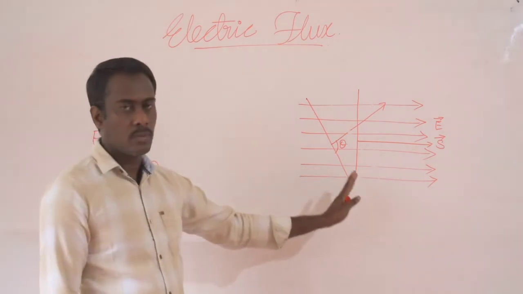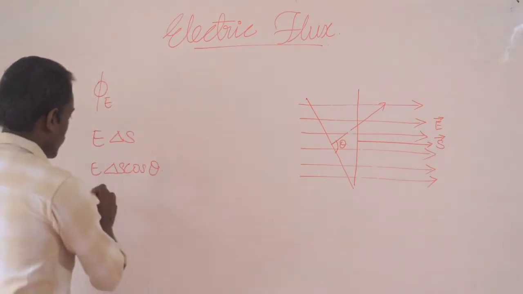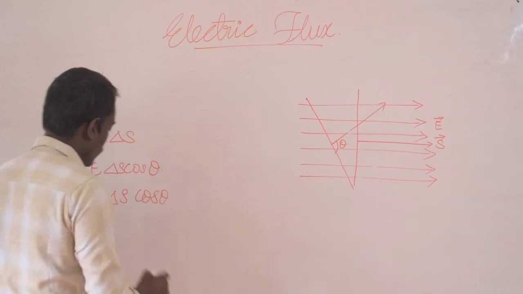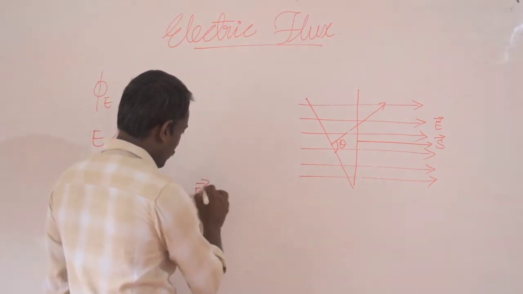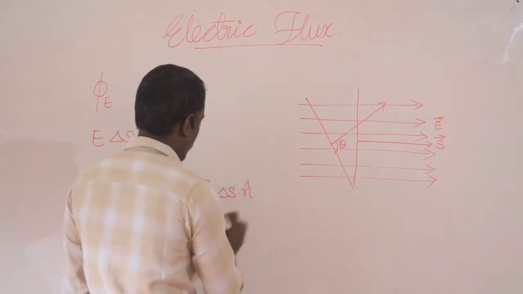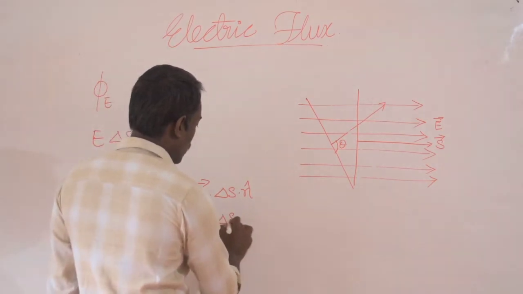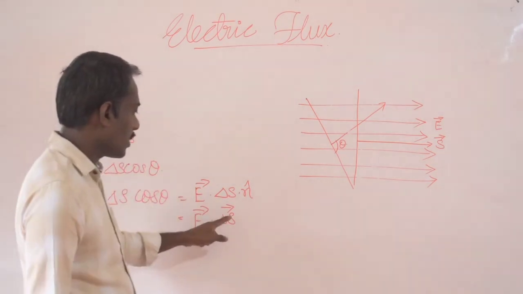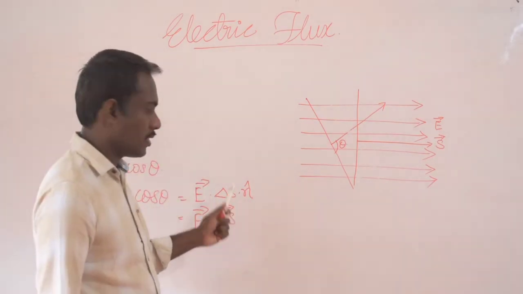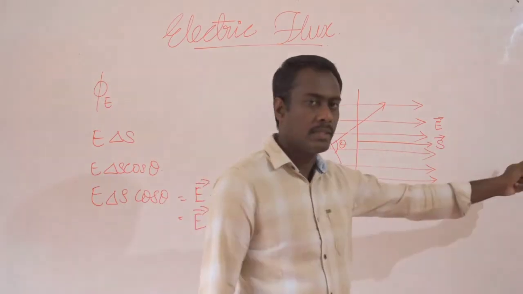If you talk in terms of vectors, the number of field lines crossing that area can be written as E delta S cos theta, which is equal to E dot delta S, where delta S is equal to delta S times its unit vector n. And here this delta S is drawn normal to the surface area and in the outward direction.